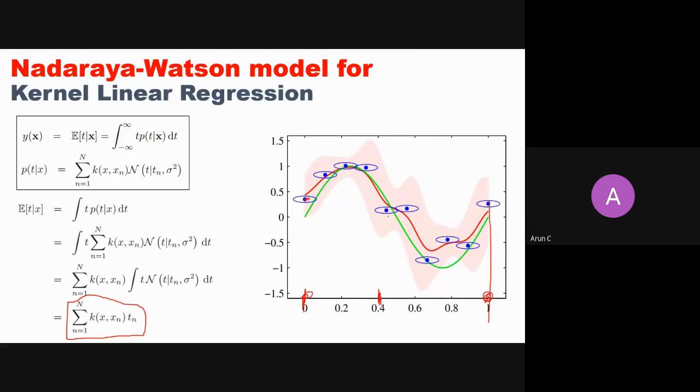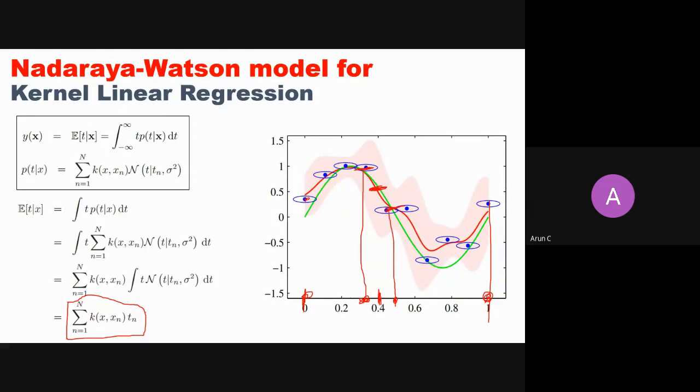But this x is near to this x and this x, so heavy weight will be given to them. The target value for this x is this, and the target value for this x is this. You take an average, and you will get this value in the middle, because you sum them and divide.